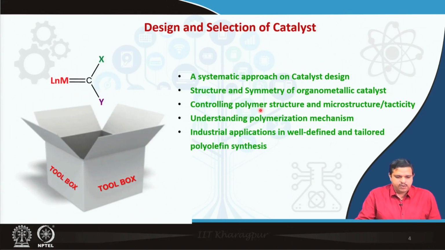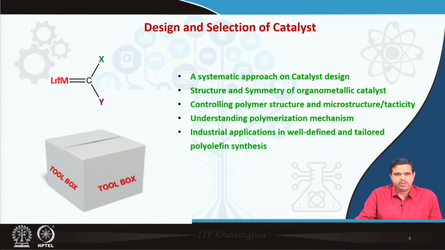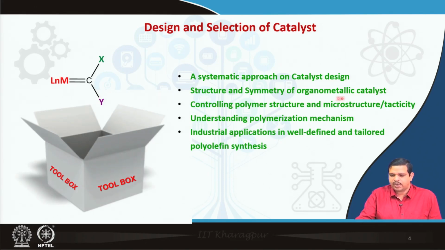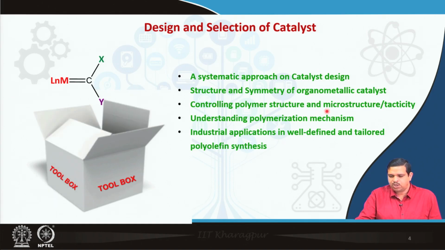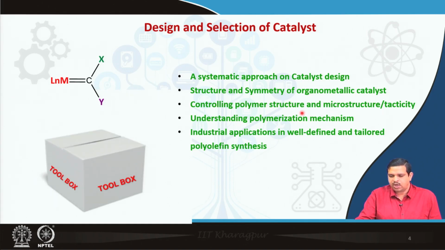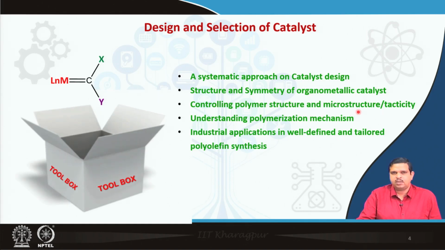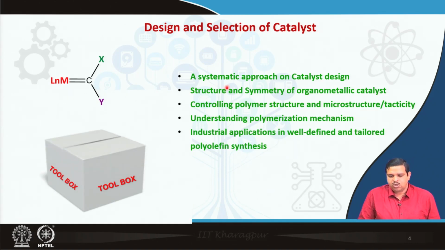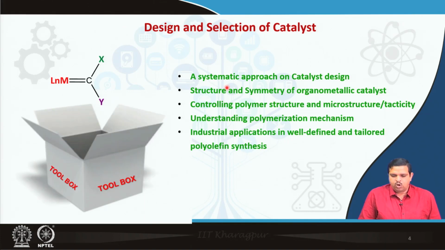Another interesting category is the metal-carbene. Both catalysts will be discussed, to understand the structure and symmetry of organometallic catalysts, to govern the polymerization and to control the structure, microstructure and tacticity of the polymer. A systematic approach will be followed to understand the polymerization mechanism.